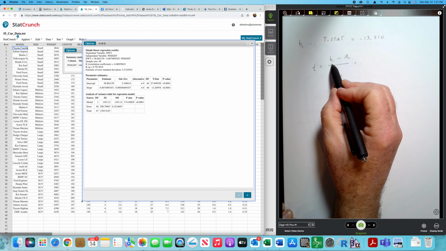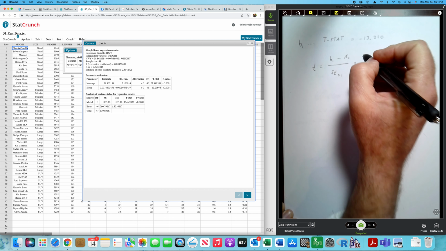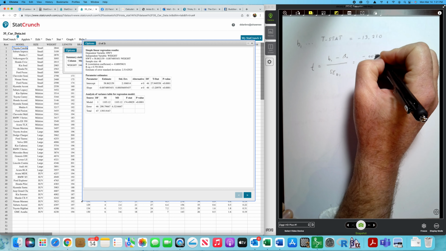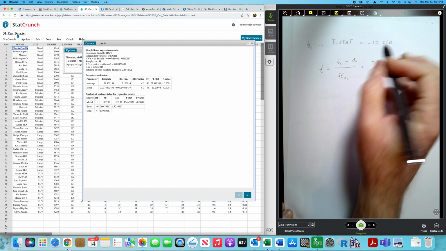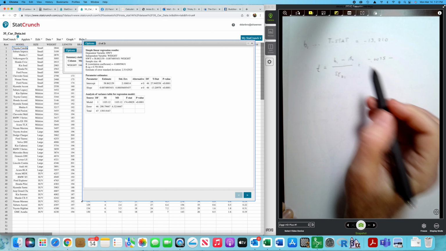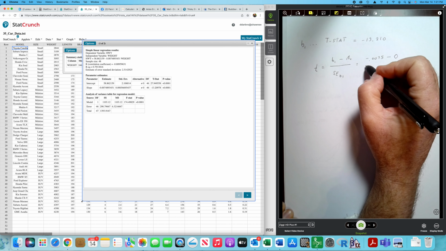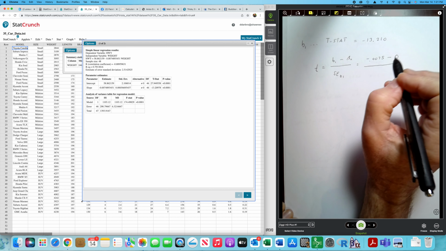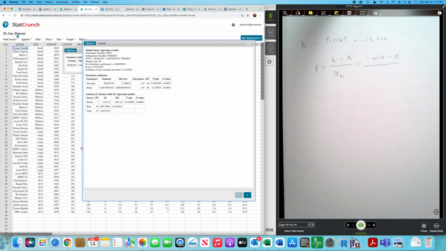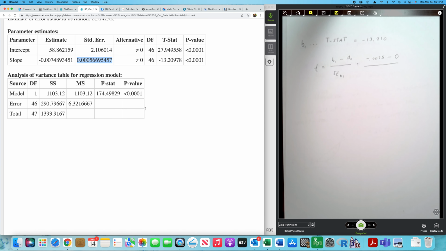So my estimate for B1 is negative 0.0075. I'm hypothesizing the beta is equal to 0. And the standard error is right there, point, 0 0 0 5 6 7.